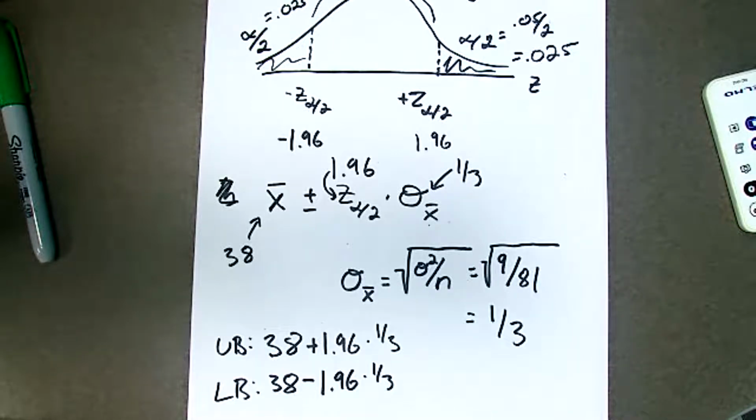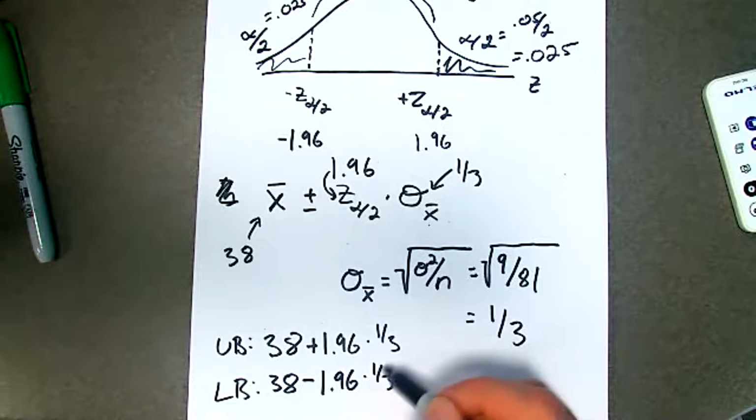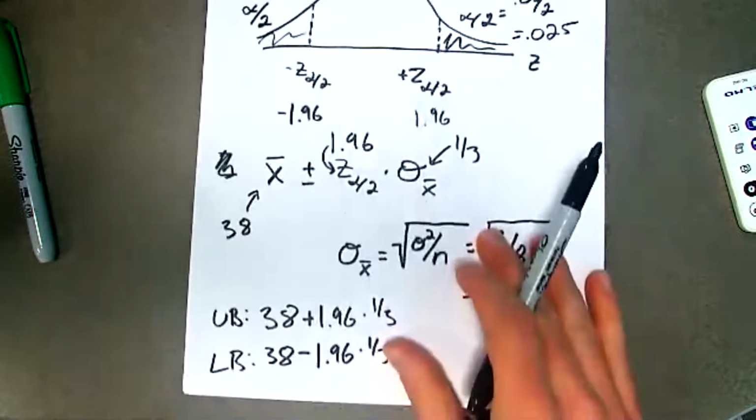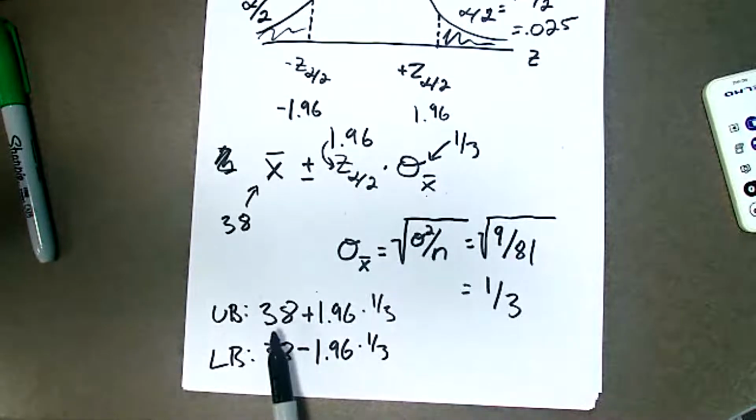And I'm done. I now have my confidence interval. Whatever these two values are, with 95% confidence, I can say that the true mean is somewhere in between the lower and the upper bound that I calculated. Okay? Any questions on this before I keep going here?